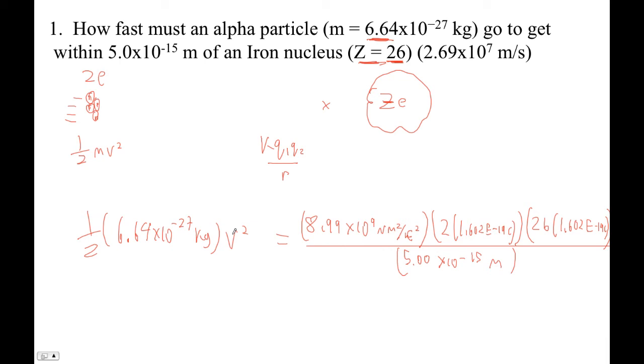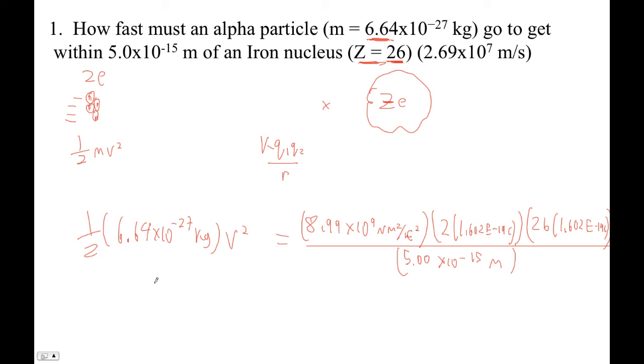The astute observer would realize we could just square e in the numerator. Divided by 5 E minus 15. Now I've got the entire right side, and I'm going to multiply by 2 to get rid of the 1/2, and divide by 6.64 E to the minus 27. Now I've got what v squared is, and I'm going to square root it.